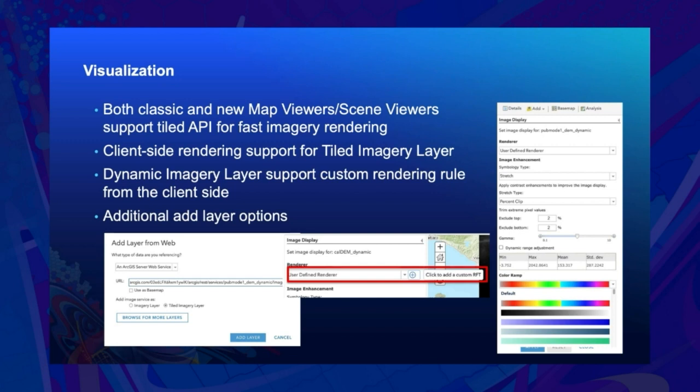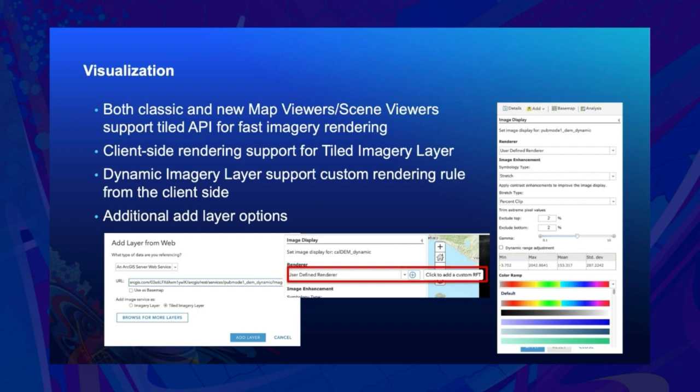In both web map viewers, the client has been enhanced to utilize the tile API from the tile and dynamic imagery layers to achieve faster imagery rendering. And the scene viewer has also been enhanced to support both types of imagery layers.